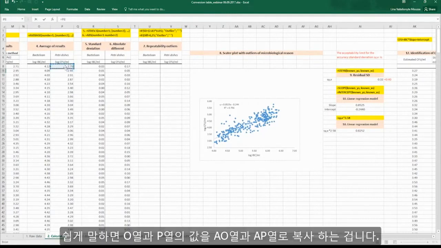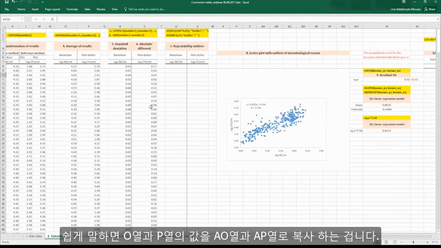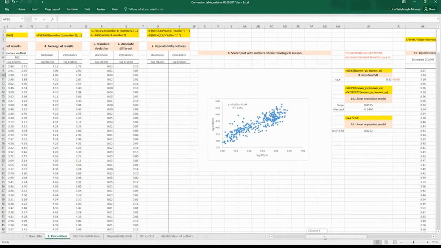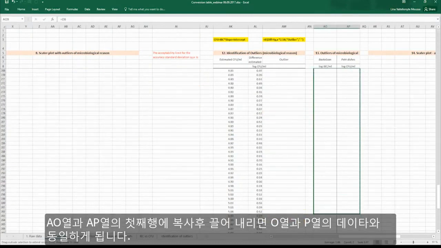So basically what we have in columns AO and AP is the same as what we have in columns O and P. Marking and dragging down.